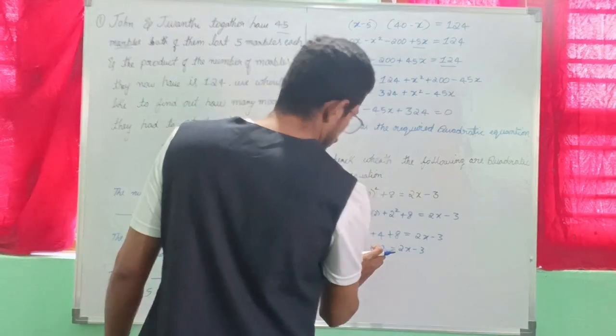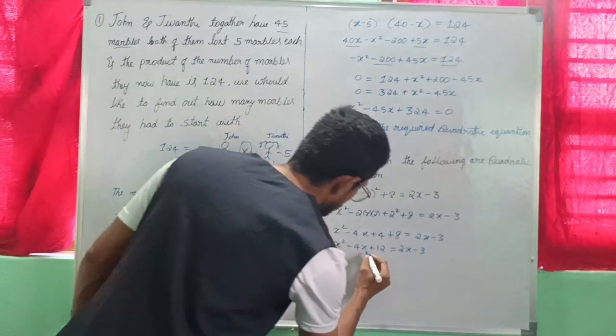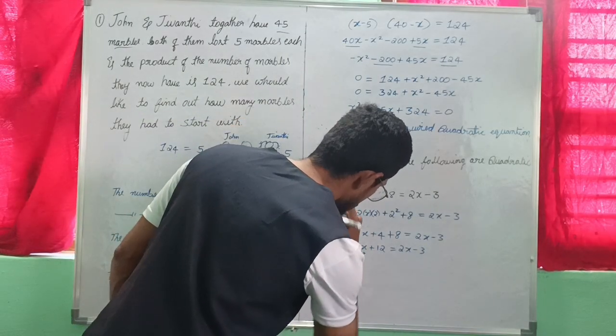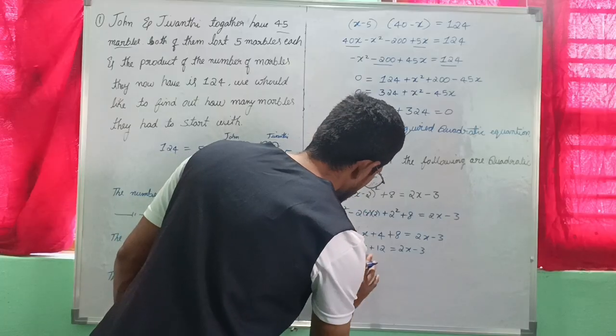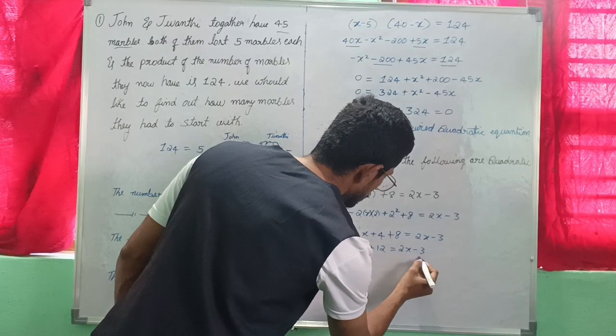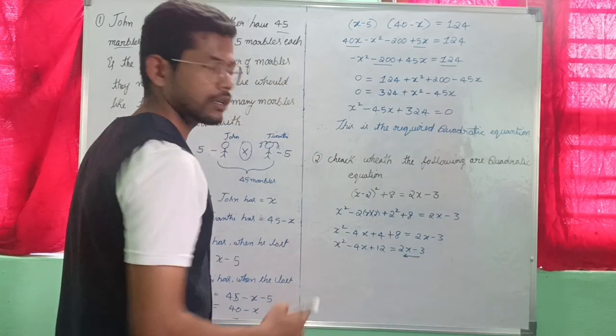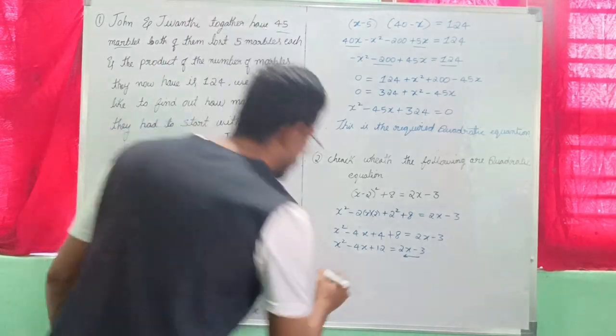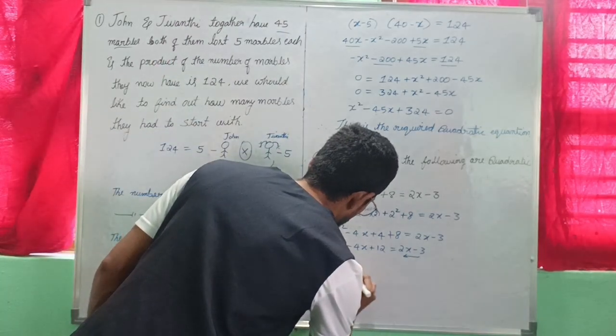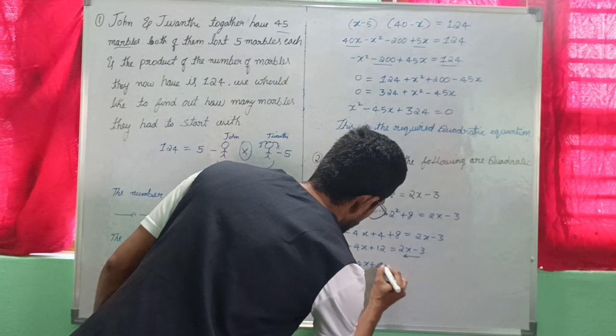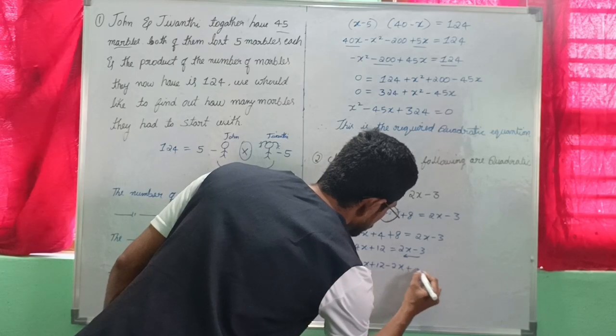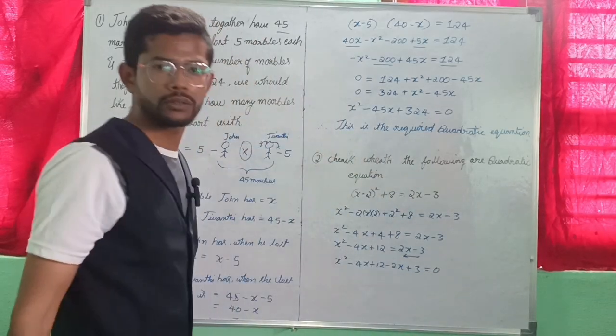Then when I shift this RHS to LHS, we get x square minus 4x plus 12 minus 2x plus 3 is equal to 0.